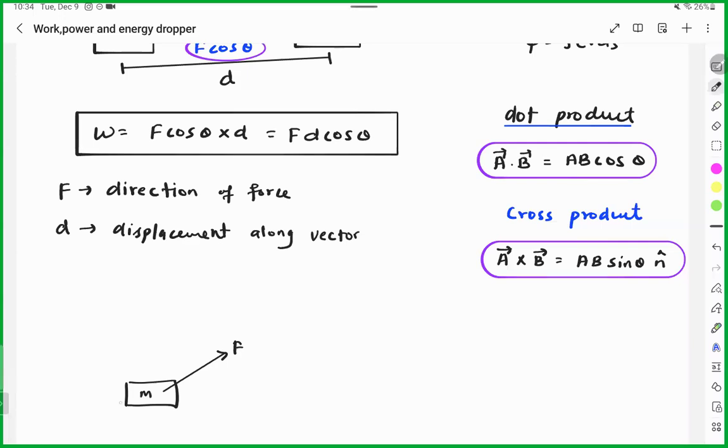This mass block moves from A to B, then again comes back to C. So what we can see, this will be the net displacement. Correct? Direction is opposite. Force is acting on this side. This will be F cos theta, but displacement will be on another side.